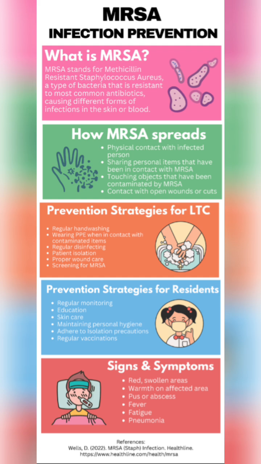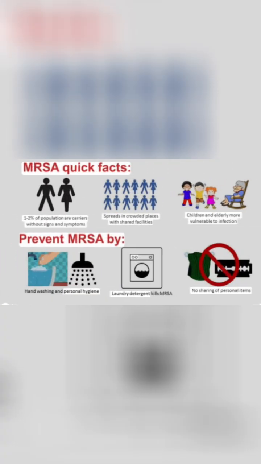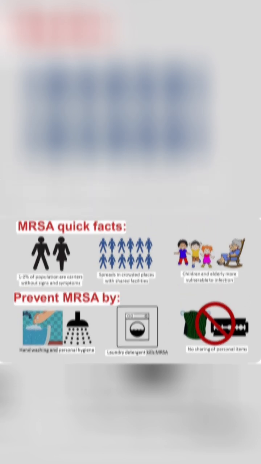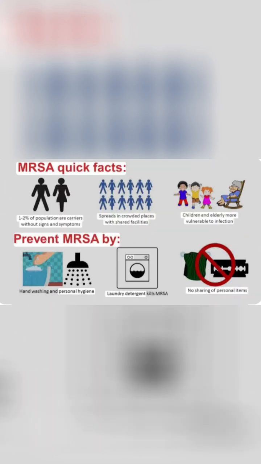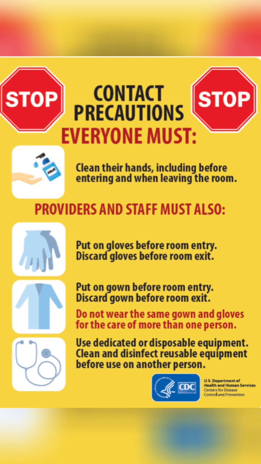Prevention entails regular hand washing, strict hand washing, not less than 20 seconds, and strict infection prevention control measures, which is dependent on the management of the healthcare facilities and the government to avail these resources for the healthcare teams. MRSA quick facts: we know that 1 to 2% of the population are carriers, so you are able to carry it and transfer to others. As much as you are carrying it, you can also self-infect yourself or transfer to others. So it's important to know who is colonized and separate them from the rest.